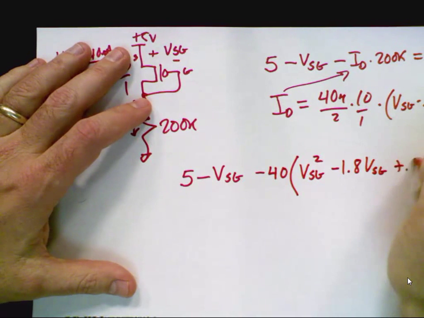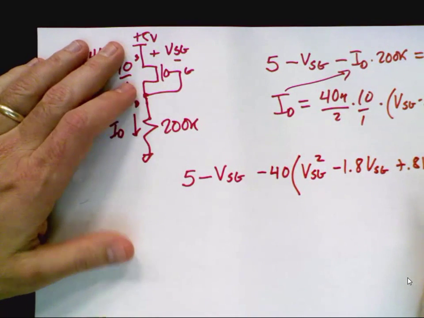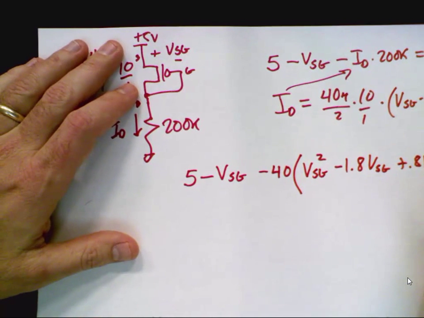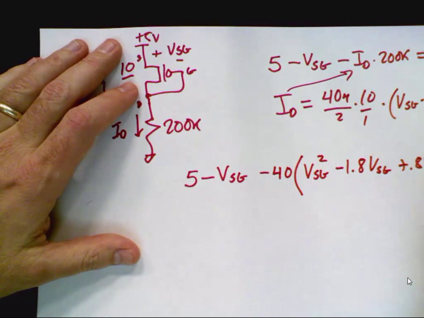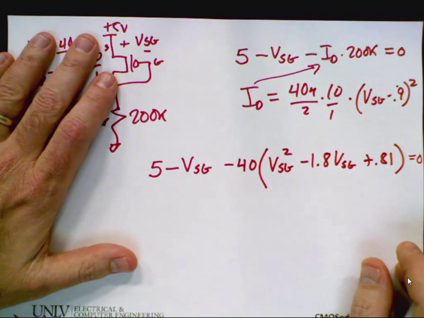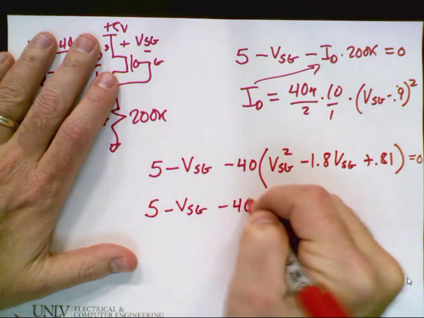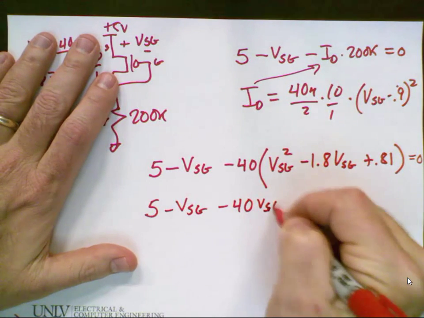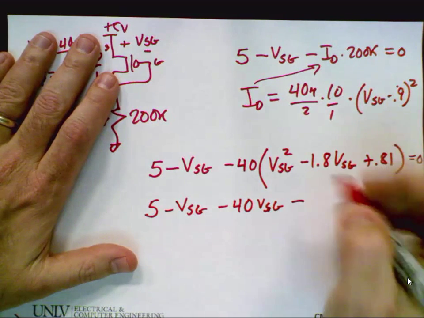yeah, you know when you don't answer, I'm like, do they know what's going on there? Any questions? All right, so let's go ahead and multiply through. So I get 5 minus VSG minus 40 VSG minus 72.